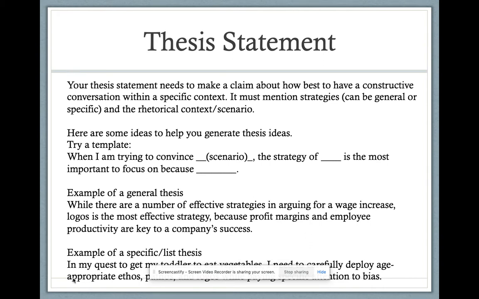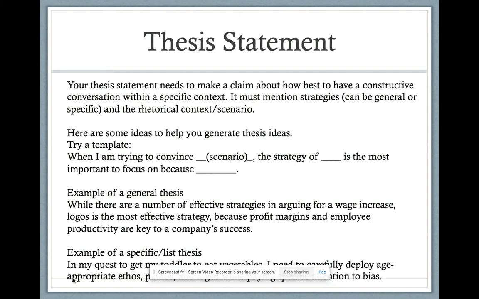So you could fill that in by saying, when I'm trying to convince my toddler to eat vegetables, the strategy of ethos is the most important to focus on because they trust my credibility. This does not resemble my particular discussion with my kids eating vegetables, but it could work as a possible paper topic.